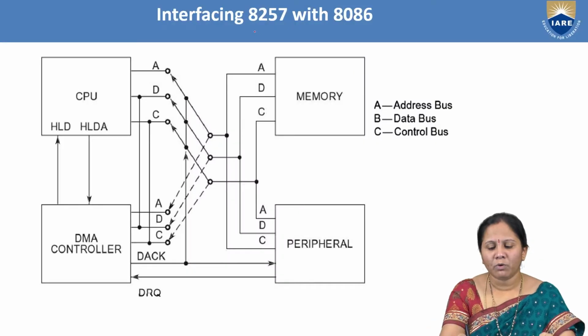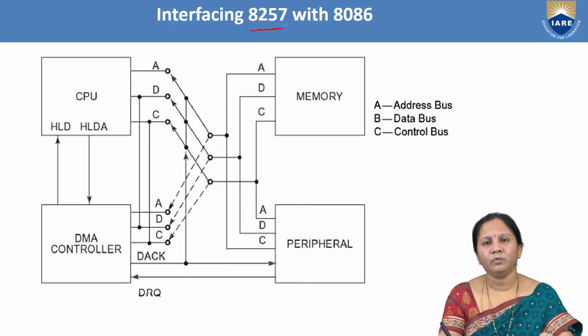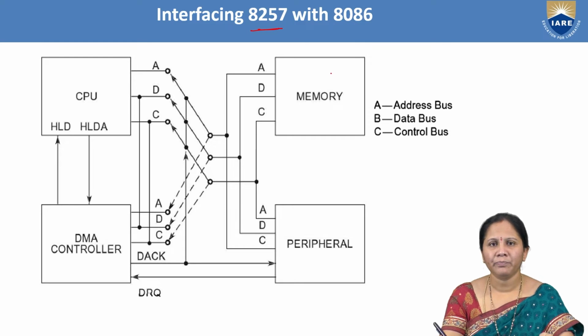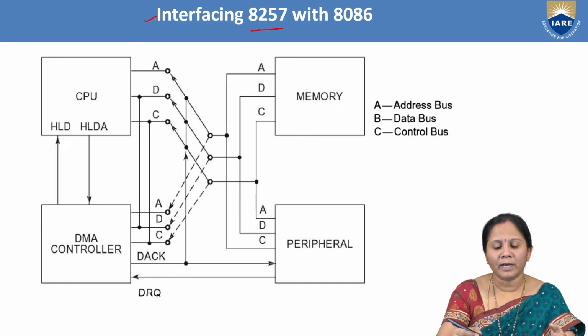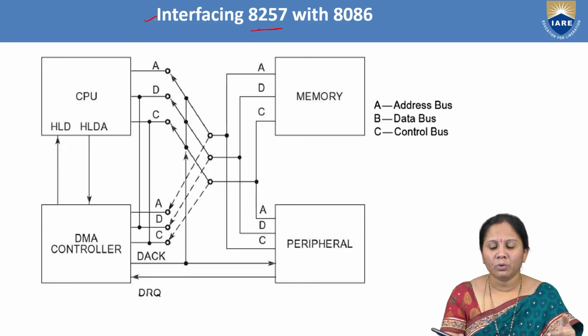We have already discussed this 8257 DMA controller. Pin configuration we have seen, features and also the architecture of 8257 DMA controller. After learning about all that, now we should know how to interface this 8257 DMA controller with 8086 microprocessor.